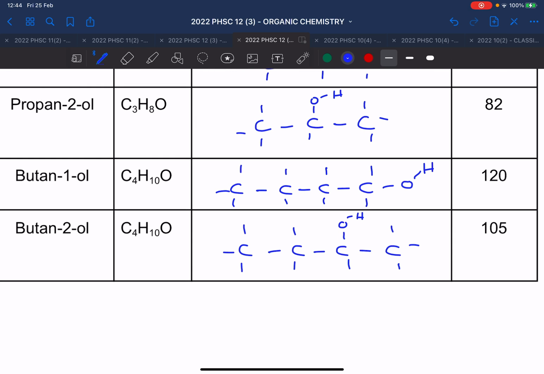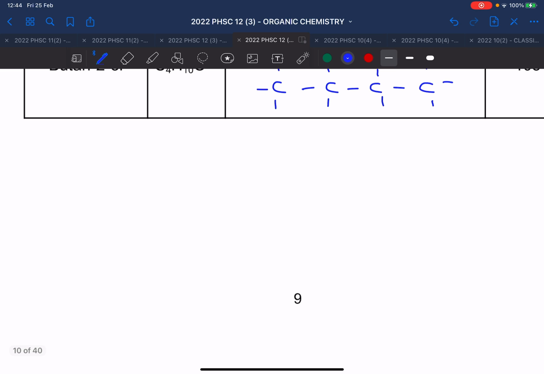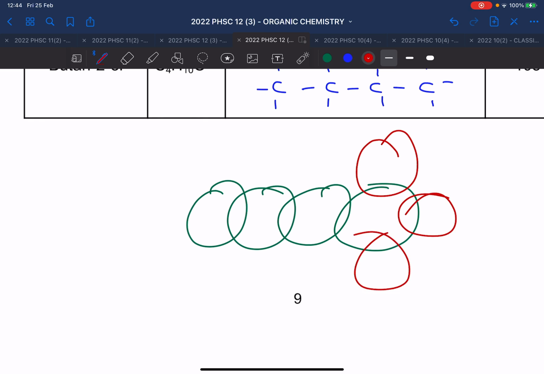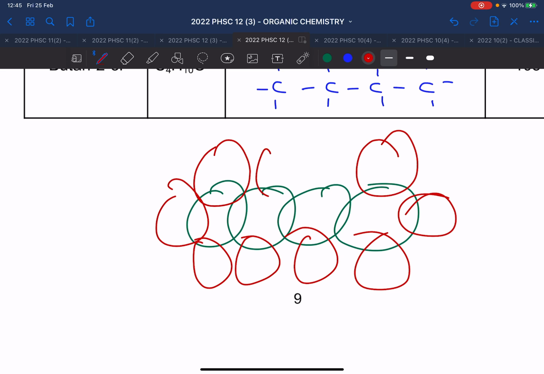If you look here, the hydroxyl group is at the end. It is open, so another molecule can easily come here and form an intermolecular force. But this one here is surrounded by other molecules. If we drew it, you would have carbon, carbon, carbon, carbon, hydrogens, and then your O and then your H. It's very difficult for something to come in there and make an intermolecular force.